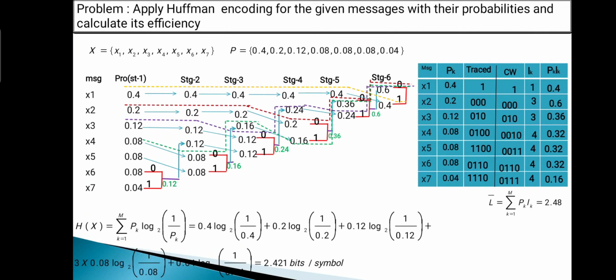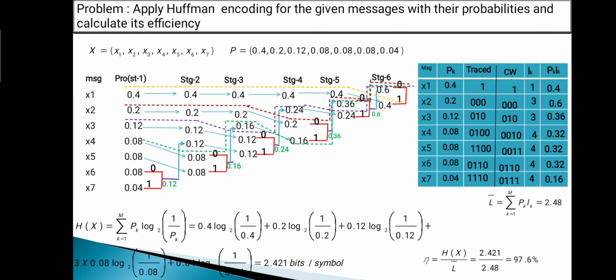So log of 1 by 0.08 to base 2 plus 0.04 log of 1 by 0.04 to base 2. So once we simplify this, the entropy is 2.421 bits per symbol.